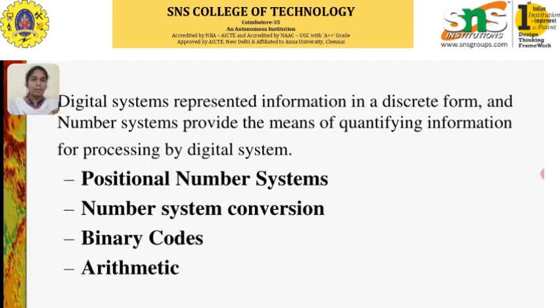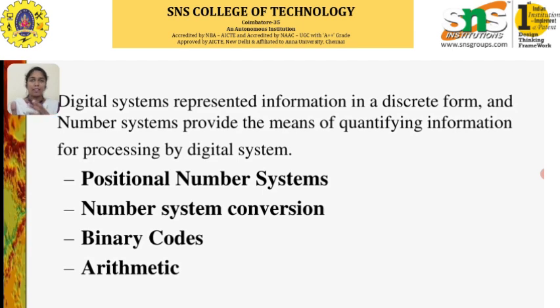The positional number system is based on the concept of a radix, which we call the base. The positional number system assigns a value to digits based on their positions relative to the decimal point, with each position having a weight determined by the system's base.